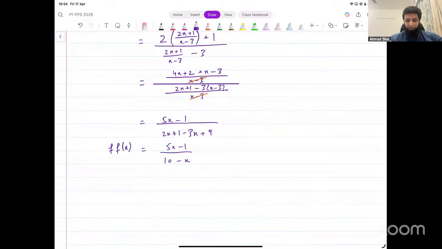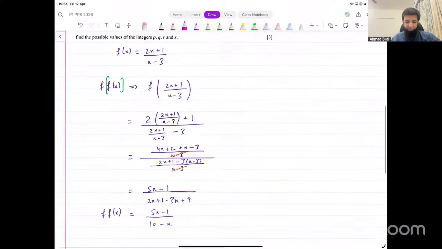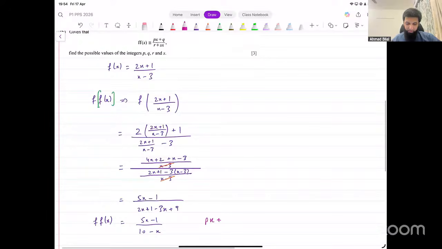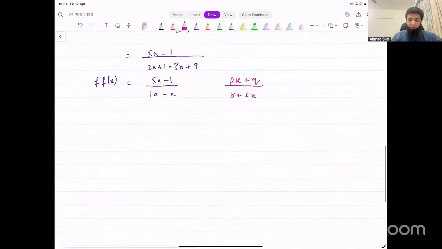Now, they told us in the question that f of x is px plus q divided by r plus sx. We needed to find the possible values of integers p, q, r, and s. What are the values of p, q, r, and s?